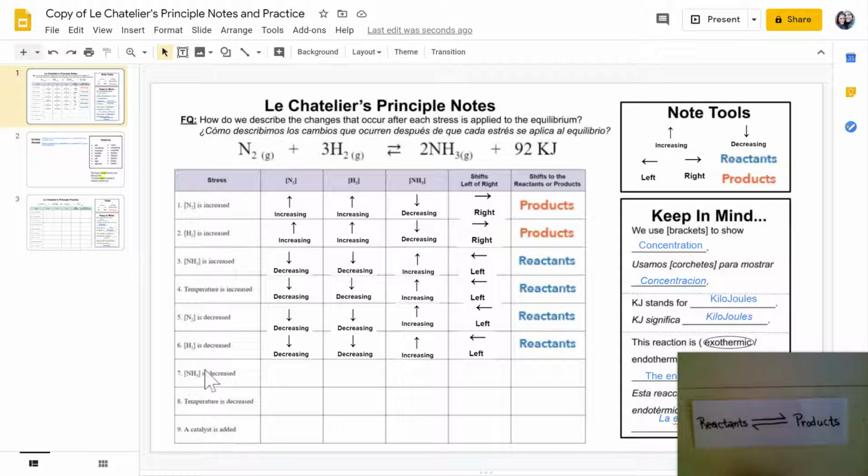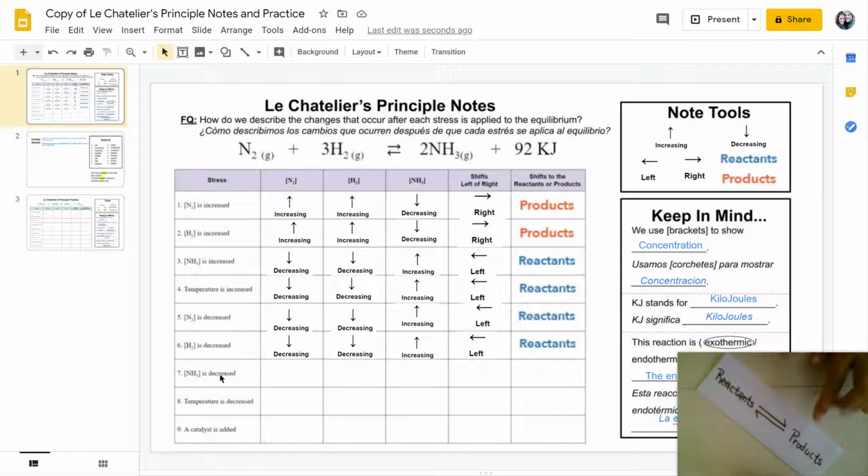Then we have number 7, where NH3 is decreased. If you would like to pause the video and see if you can try this one yourself, and then come on back once you're done, you can see the answers, okay? But if you don't want to pause the video, I'm going to keep going. So NH3 is decreasing, okay? My products are going to go down, because that's what decrease means, right?